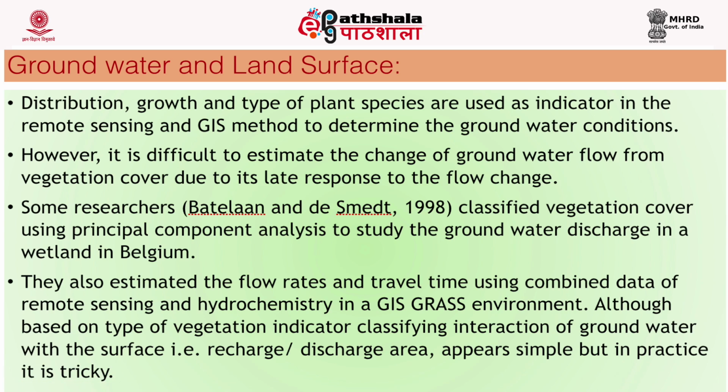They also estimated the flow rate and travel time using combined data of remote sensing and hydrochemistry in a GIS grass environment. Although based on the type of vegetation indicator, classifying the interaction of groundwater with the surface, that is recharge or discharge area, appears simple, in practice it is tricky.